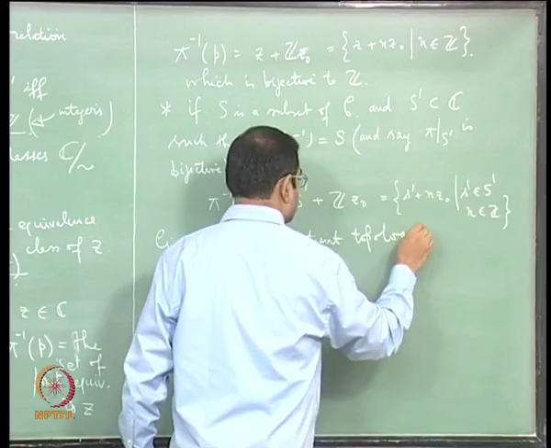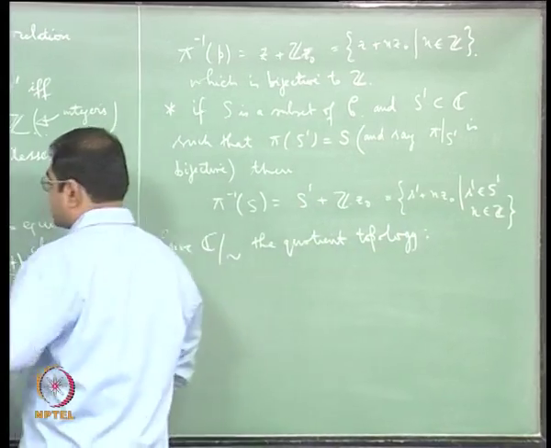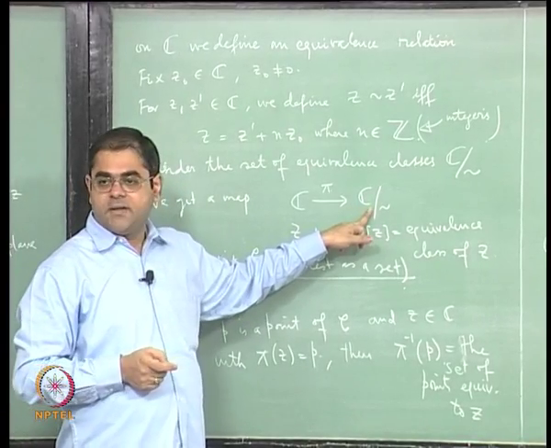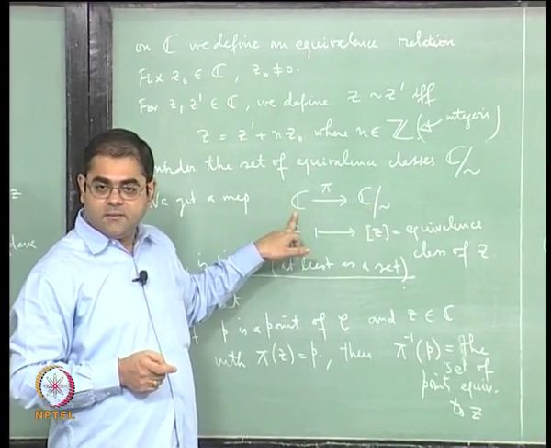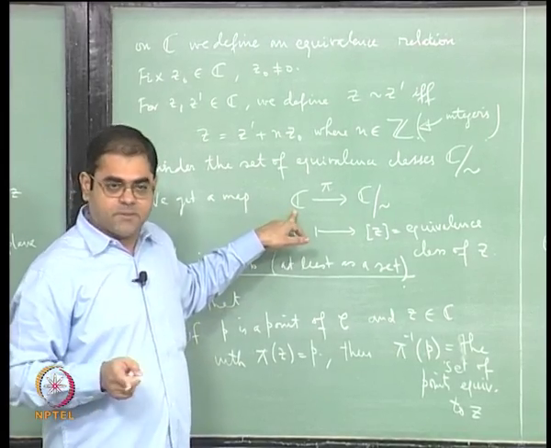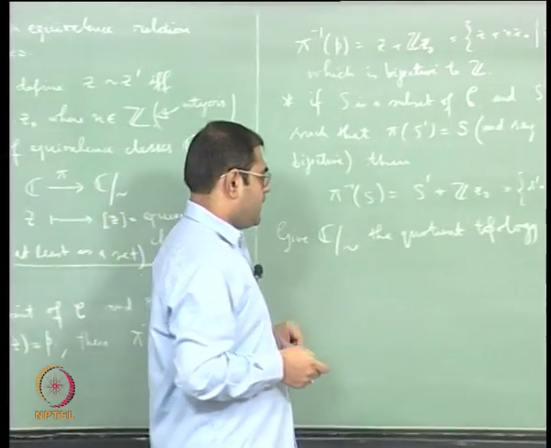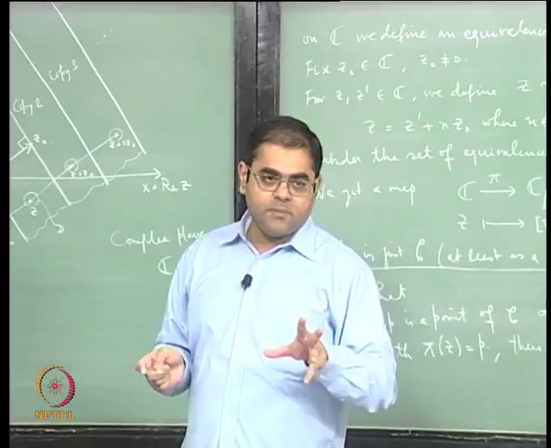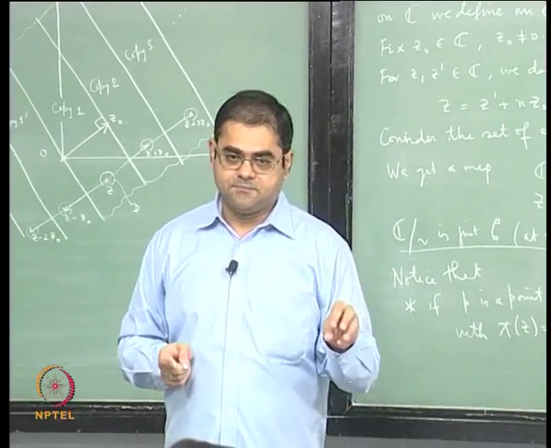The quotient topology is: a set here is open if and only if its inverse image under pi, which is a subset of the complex plane, is open, okay. And a set in the complex plane, of course, you can recall, is said to be open if it is a union of disks, okay.